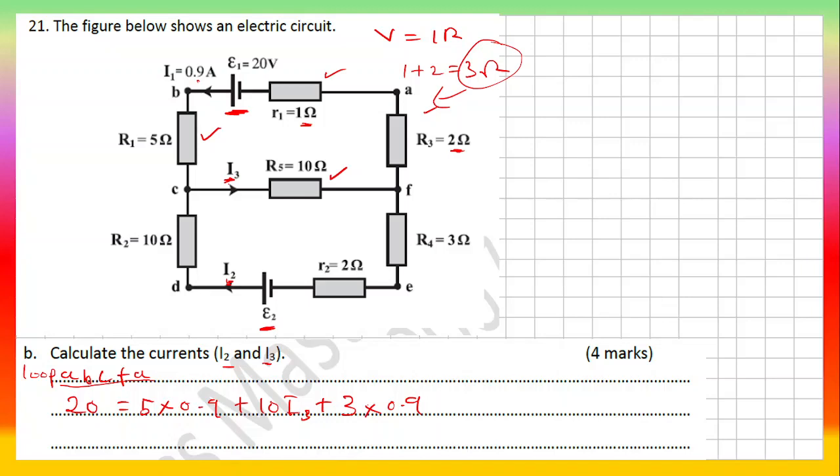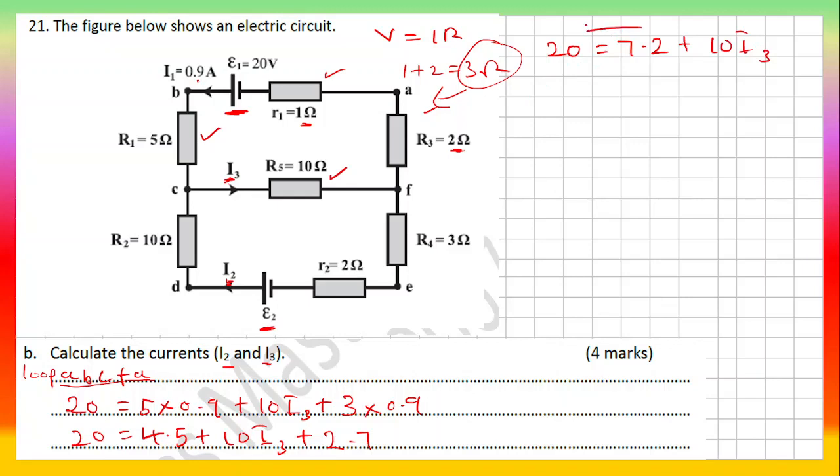So what do we have here? I'll have 5 times 0.9, which is 4.5. So 20 is equal to 4.5 plus 10I3 plus 3 times 0.9, which gives 2.7. Now I'll collect the like terms: 4.5 plus 2.7 gives 7.2, plus 10I3.